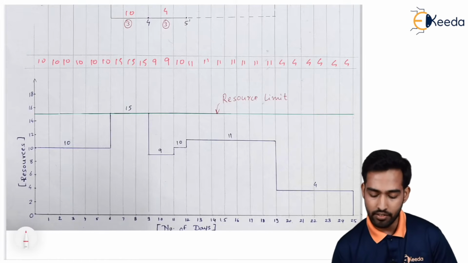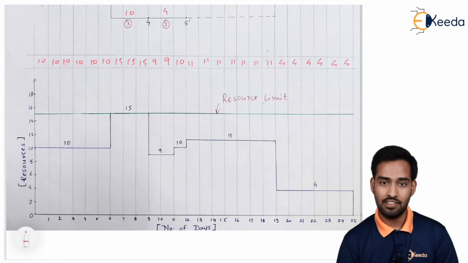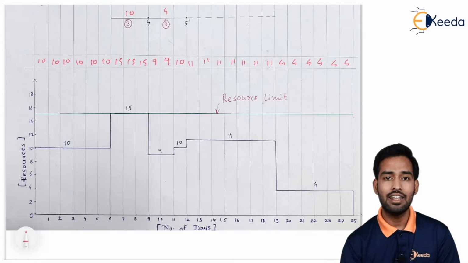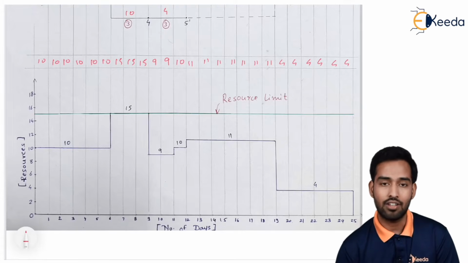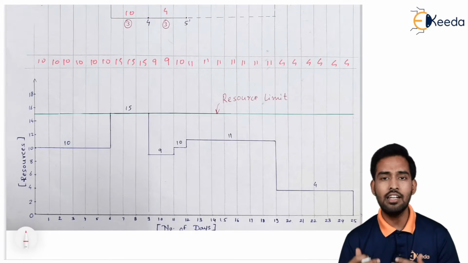By delaying this one activity, from day 13 to day 19, previously we required only 6 machines, but here we require a total of 11 machines, which is under control.